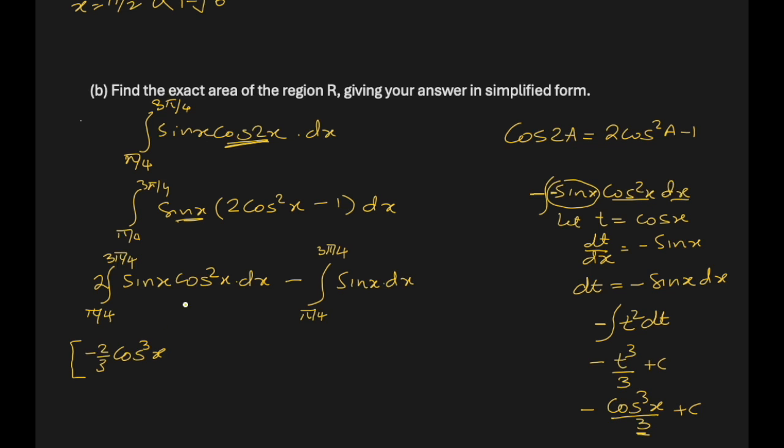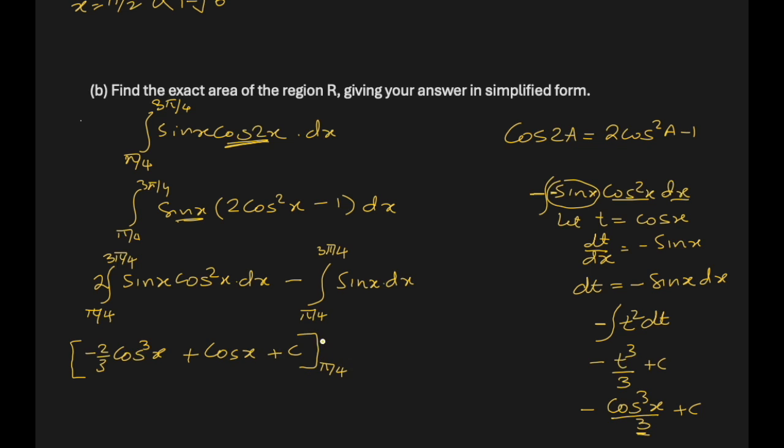This becomes the integration of this part, and let's not close it here, because we know that the integration of sin x is minus cos x, so it becomes plus cos x plus c.